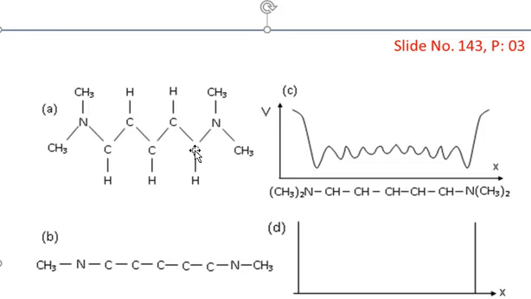The electron is bounced back due to the repulsive potential of the methyl group, and that is why we have this potential peak. This is the repulsive potential in part C, and also the repulsive potential in part C at the location of the methyl group, which we have simplified in part D.